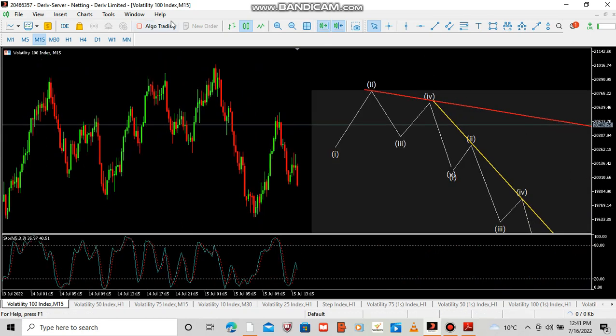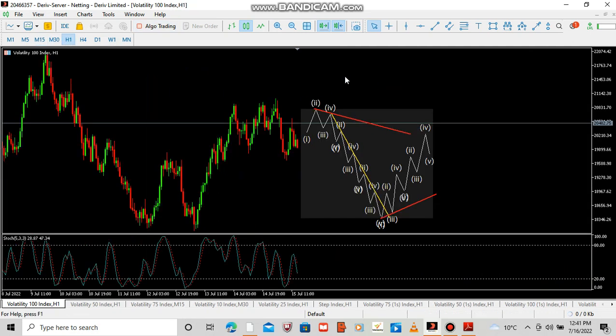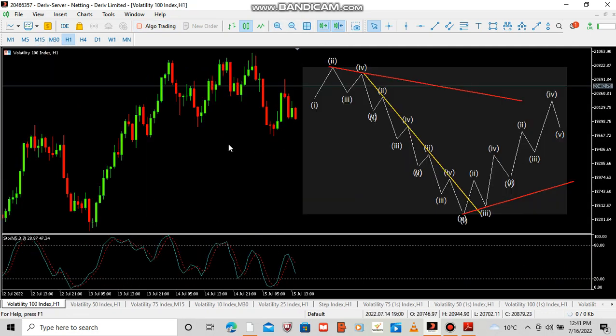So here again, let me go back here. As the market breaks, we wait for a divergence here, and as the market gives a divergence, that's when our first entry would be. Our first entry would be here. Our stop loss would be here.